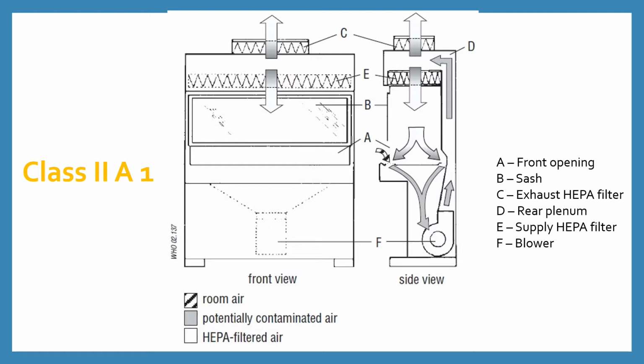The drawn air from the room and the potentially contaminated air from the cabinet is circulated by the blower through the rear plenum to the HEPA filters. 70% of the air is recirculated back into the cabinet through the supply HEPA filter labeled E, and 30% of air is exhausted by filtration through the exhaust HEPA filter labeled C. Note that there are two HEPA filters in this class. Class 2 A1 type of biosafety cabinet provides personal, product, and environment protection.